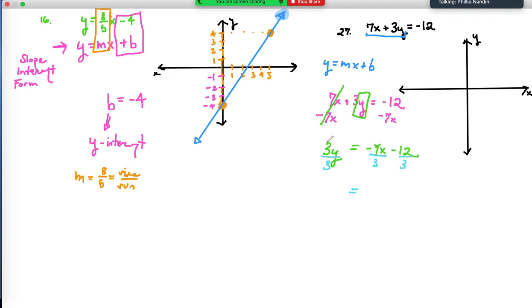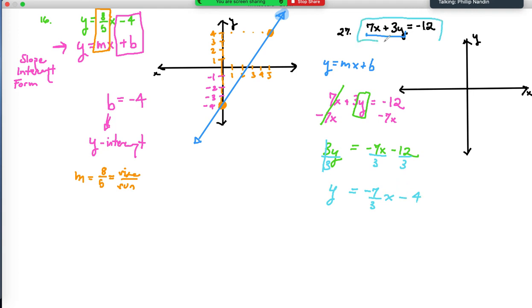This gives me 3 divided by 3 is 1. 1 times y is just y. Negative 7x over 3 is the same thing as negative 7 over 3 times x. If you know your multiplication of fractions, you could convince yourself of this. Minus 12 divided by 3 is minus 4. And now this here is this equation.